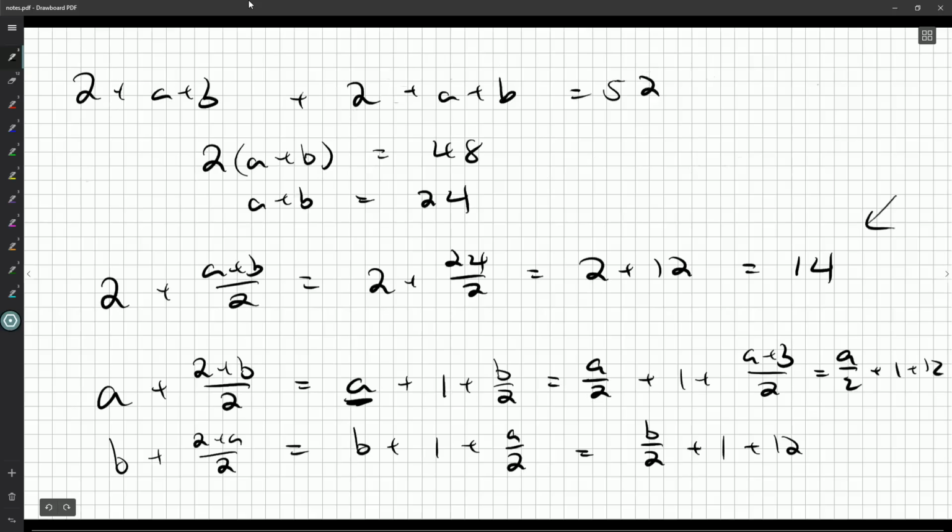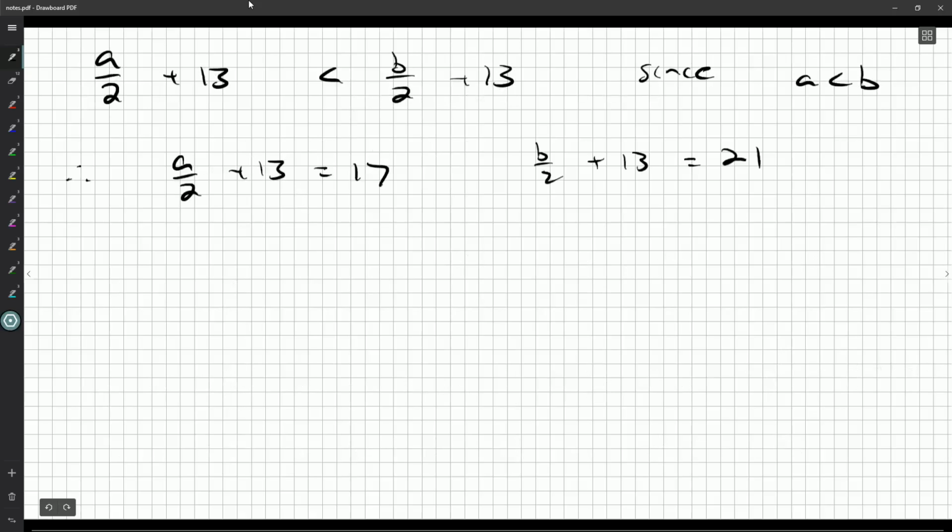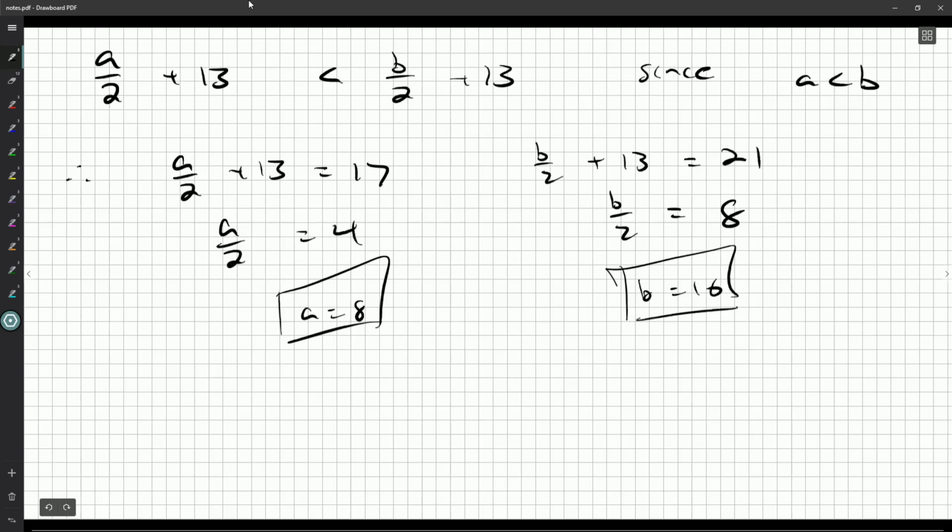That one's already taken care of. So A over 2 is 4, B over 2 is 8. So B is 16, A is 8. Alright, so that should be my answer. A is 8, B is 16. They do add up to 24, so that works out.